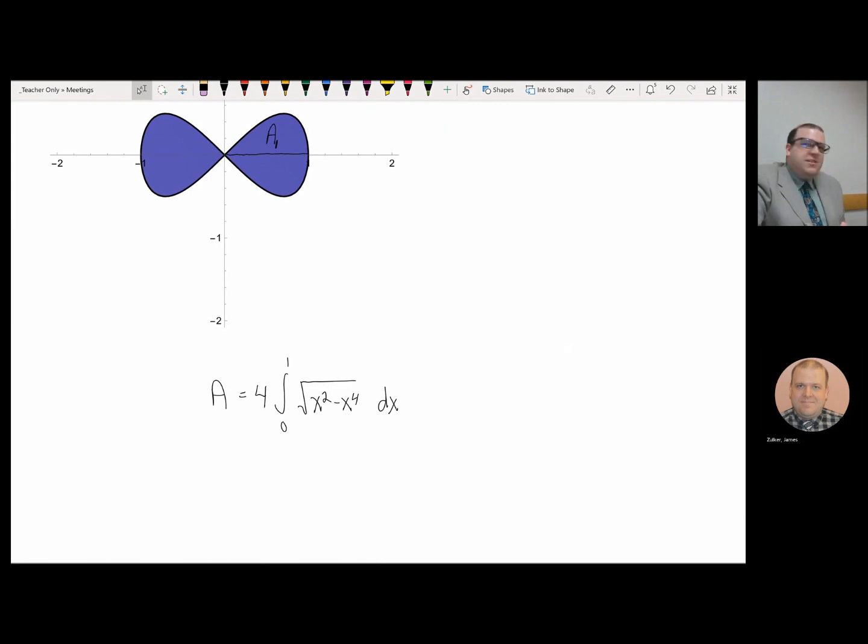Oh, that looks like a hideous integral. It's actually not. This is actually a very nice integral.